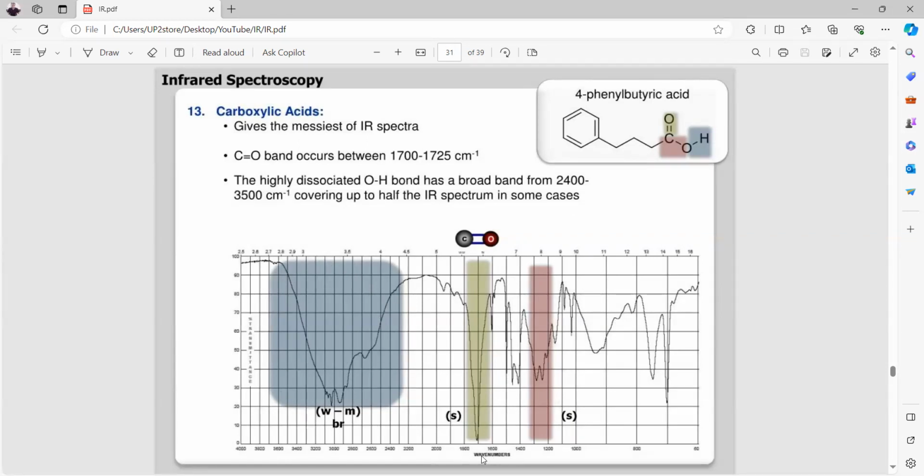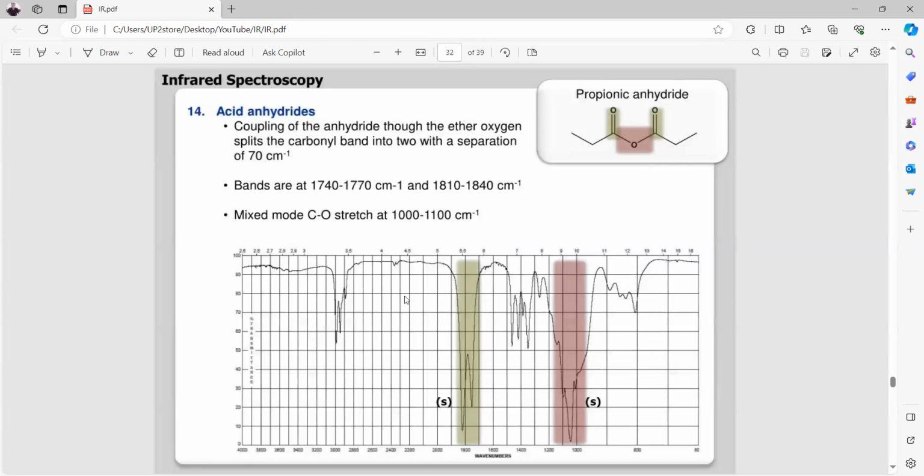Also, around 1700, you can identify the carbonyl group of the carboxylic acid, and around 1200 to 1400, you can identify the C single bond O.